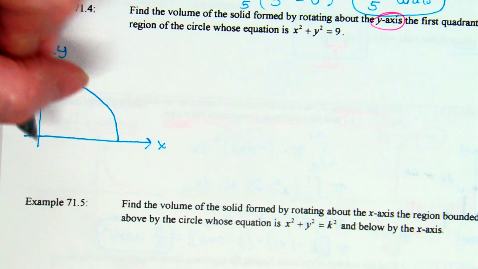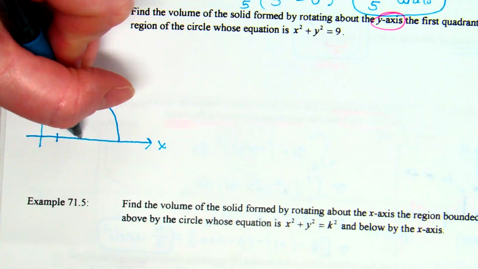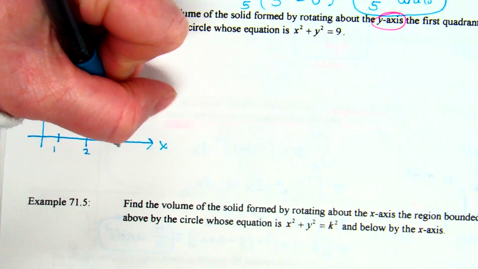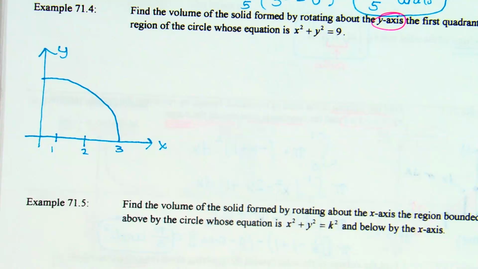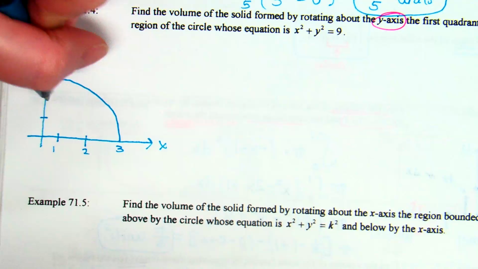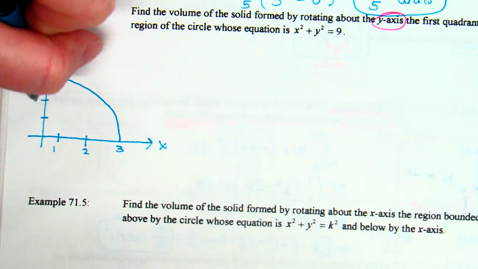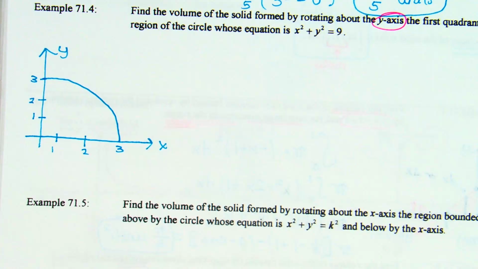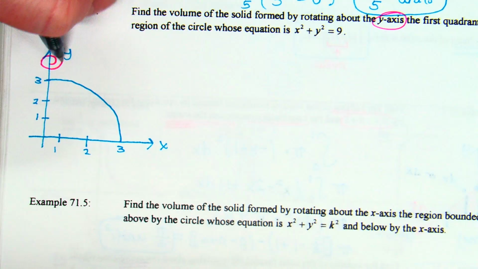If it has a radius of 3, it's going to count 3 over and 3 up. Yes? We're rotating about the y-axis.